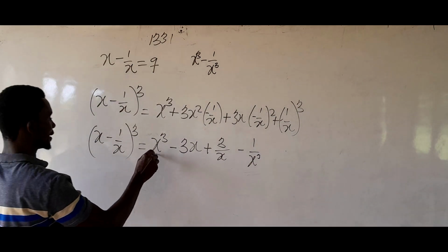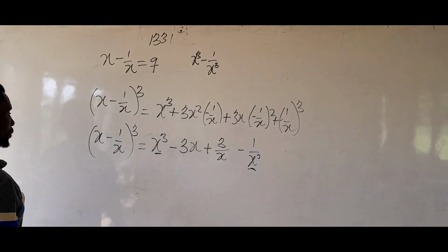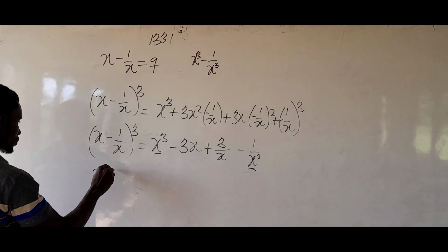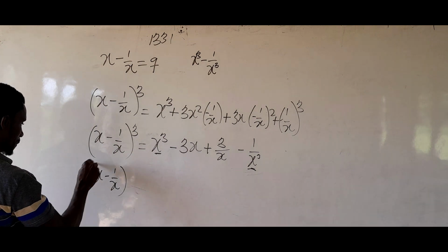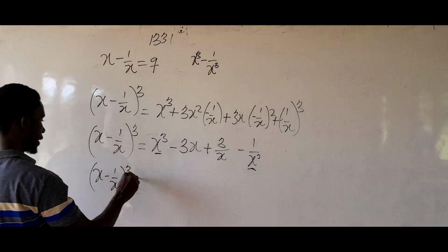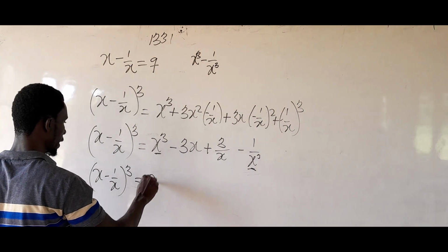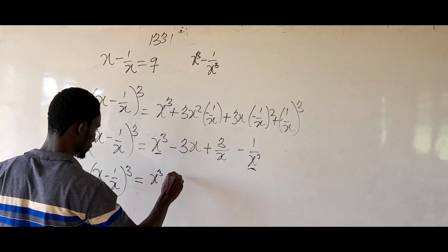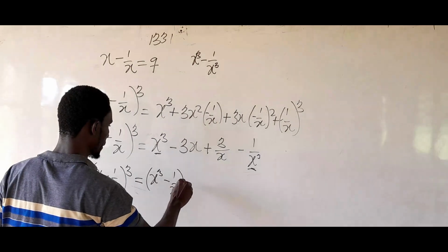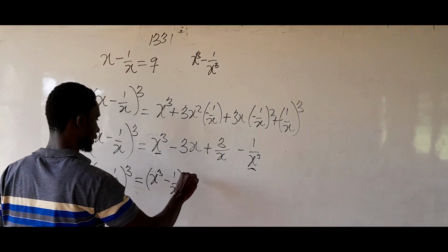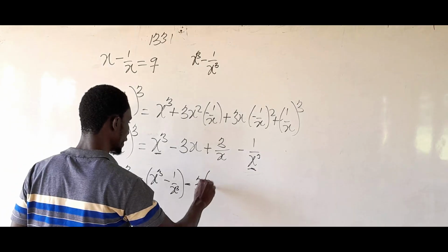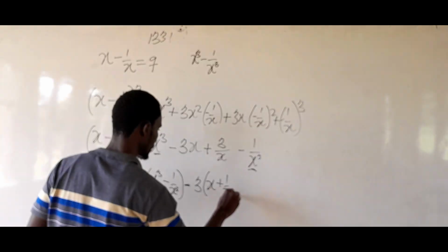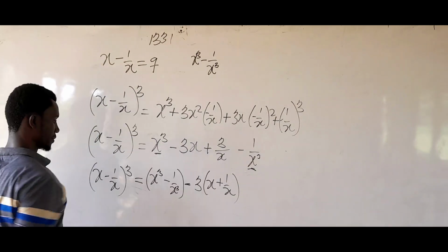So in this case, you will get x minus 1 over x cubed is equal to x cubed minus 1 over x cubed, which you want, minus 3 out x plus 1 over x for this side.